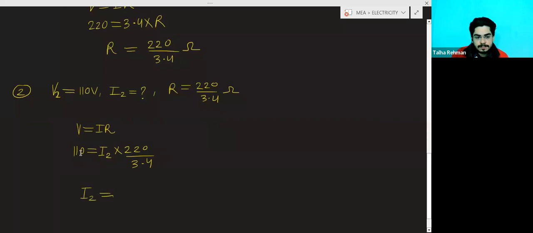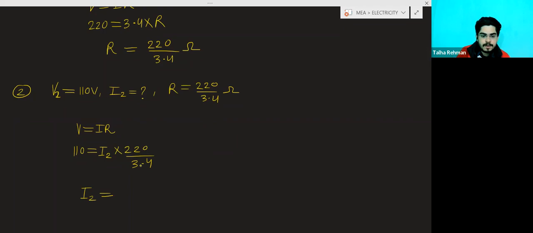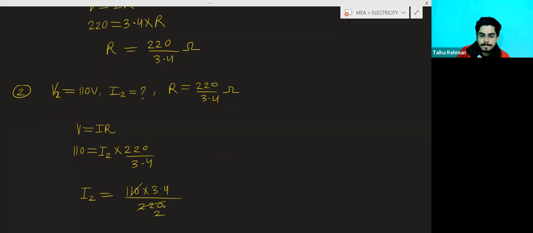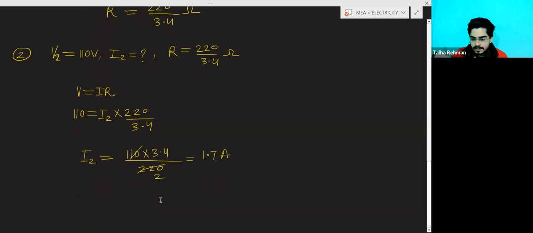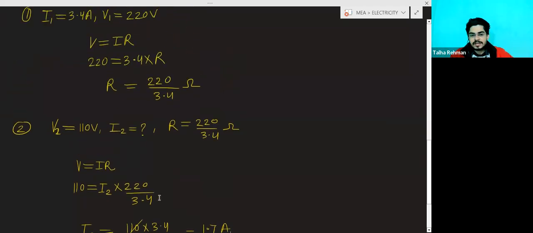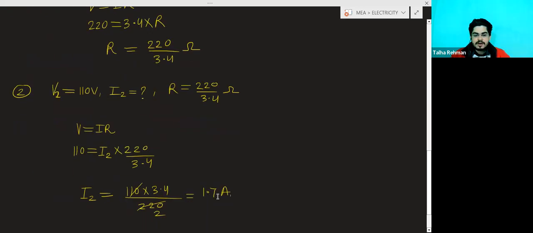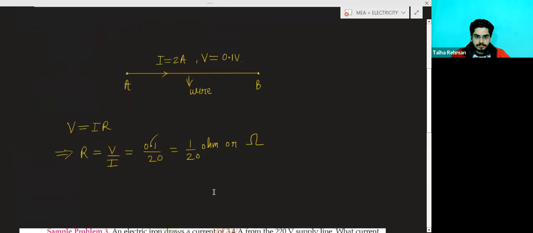Cross multiply: I2 is 110 multiplied by 3.4 and divided by 220. 110 multiplied by 2 is 220, and 3.4 divided by 2 is 1.7. So the current in the electrical iron, when connected to a 110 volt supply line, will be 1.7 ampere. And note this down.